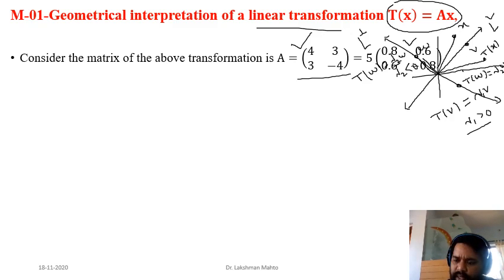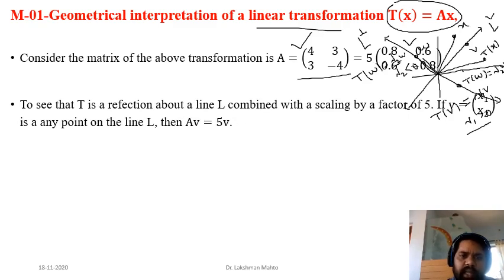That's why I had taken this reflection operator. So clearly from the matrix perspective, you can say that the transformation is a reflection with respect to some line, but we don't know about that line. We observe this transformation is a reflection with respect to some line, and it also does a scaling by a factor of 5.